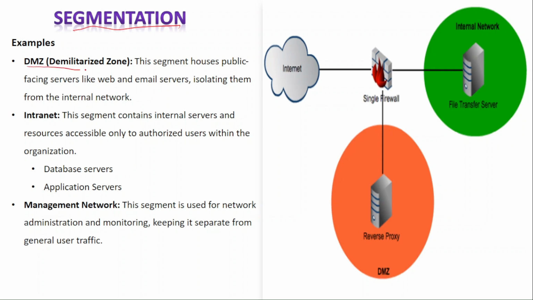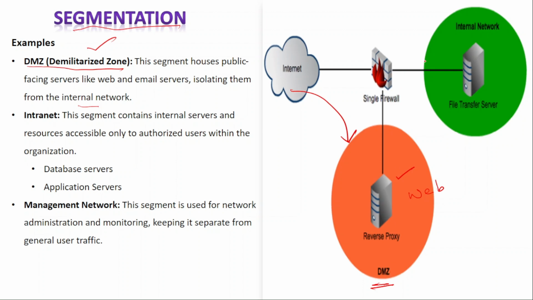Demilitarized zone, this is a popular term, DMZ, that you must have heard. This segment houses public facing servers like web and email servers, isolating them from the internal network. So when you have some server, let's suppose, for example, a proxy server or a web server that must be accessed from the external network or from the internet, then you can place these servers behind a firewall, and this zone is usually known as DMZ.